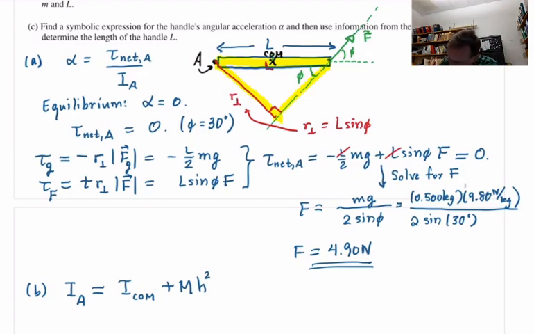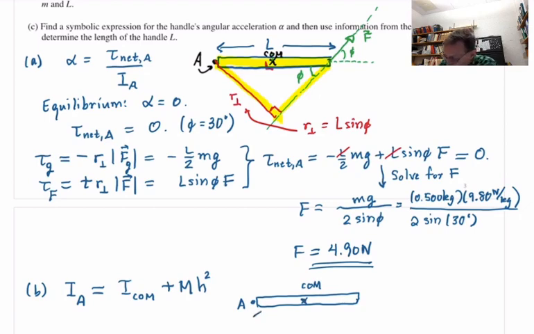Let me draw another picture so we don't have too much clutter. There's the axis A. There's the center of mass. We're comparing the rotational inertia for an axis about A to the rotational inertia for an axis through the center of mass.